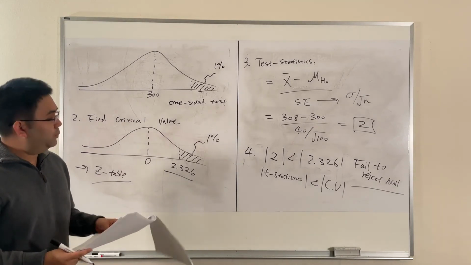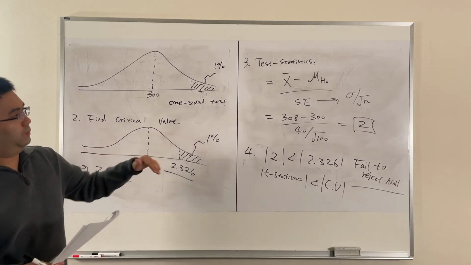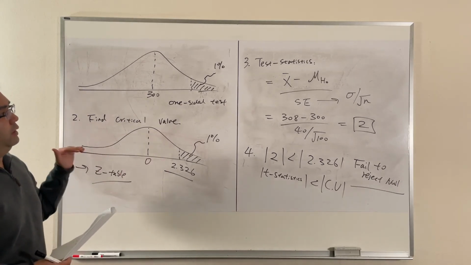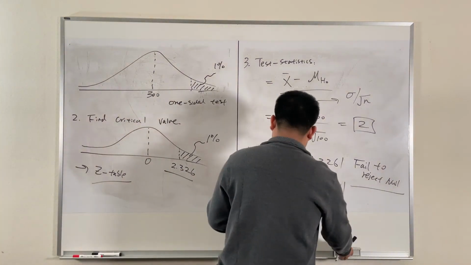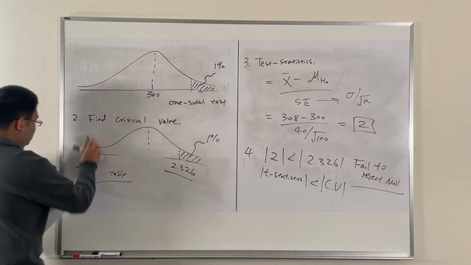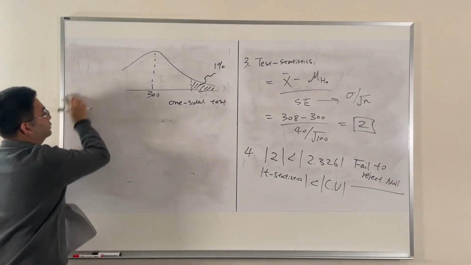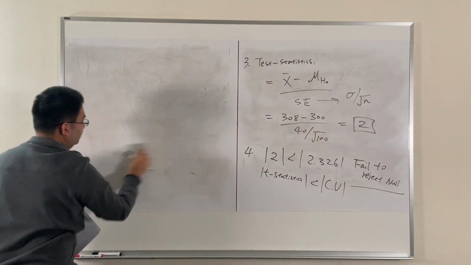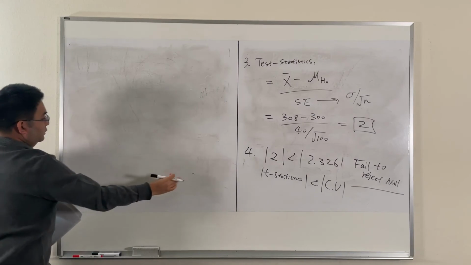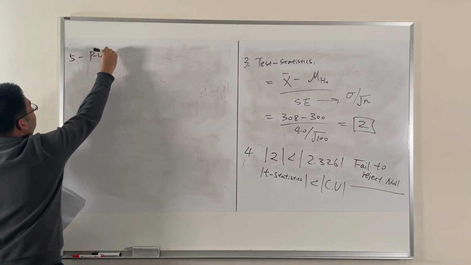But for the purpose of this video, let's do one more step. Calculate the p-value and then use the p-value to make our decision. Okay. 5 is to calculate our p-value.